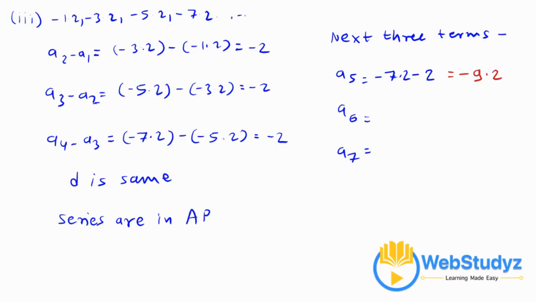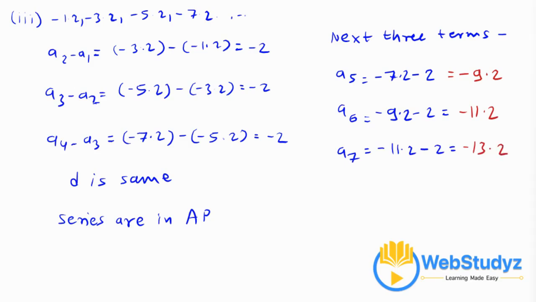Calculating A6, that is minus 9.2 minus 2, which comes out to be minus 11.2. Now calculating A7, which is minus 11.2 minus 2, which comes out to be minus 13.2.